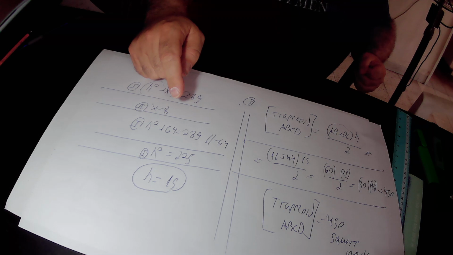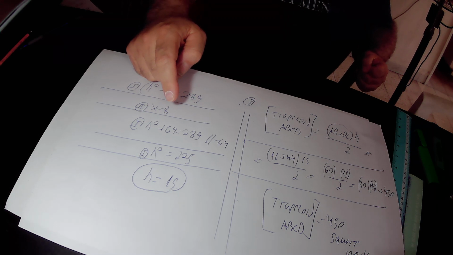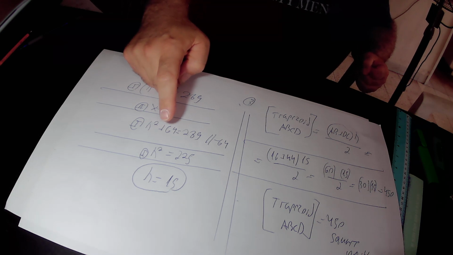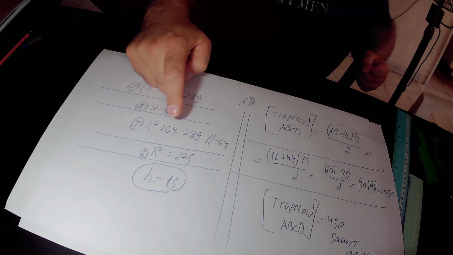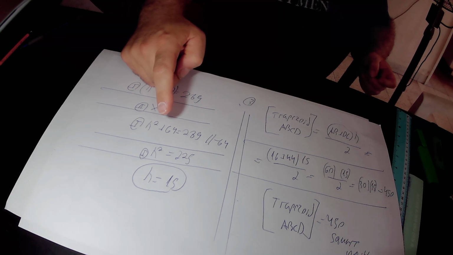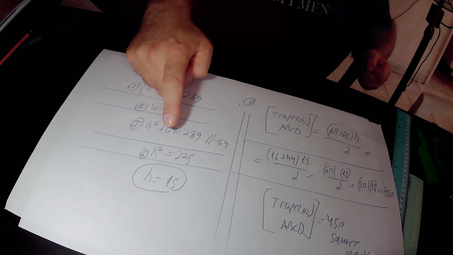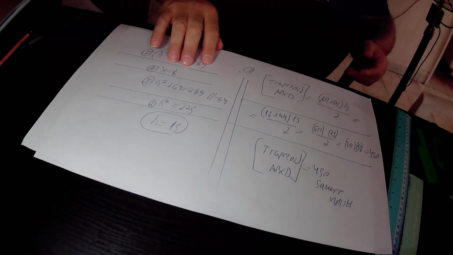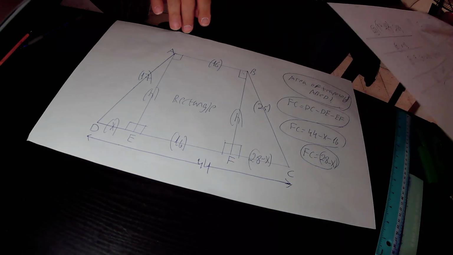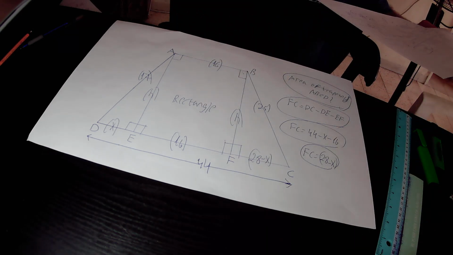Here we subtract 64 from equation 1, and we find that h squared equals 289 minus 64. 289 minus 64 is 225. So h squared equals 225. Here we take the root and find that h equals the square root of 225. The square root of 225 is 15. So we found that the height h of this trapezoid ABCD is equal to 15 units.